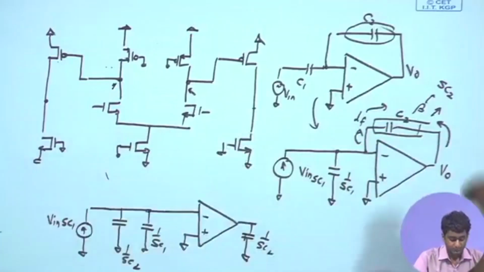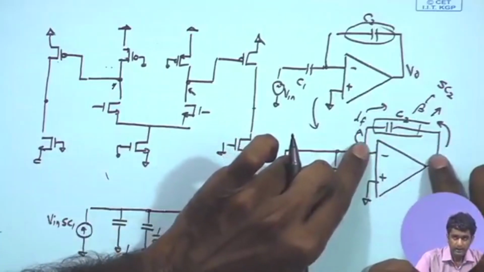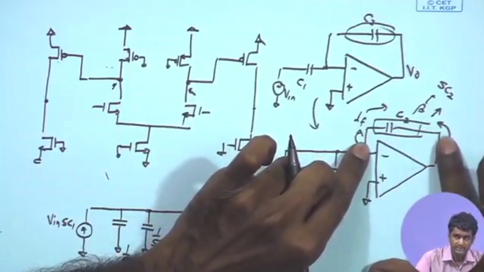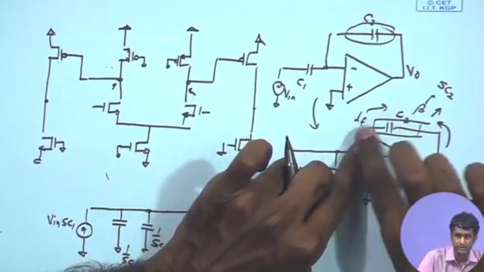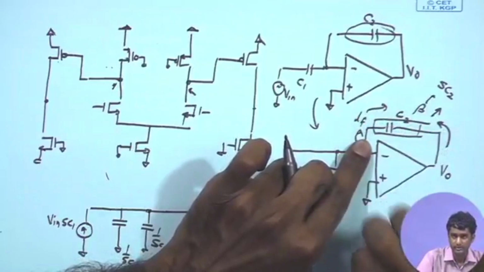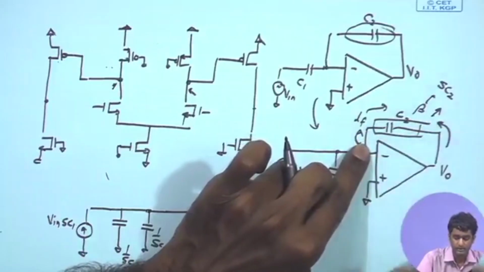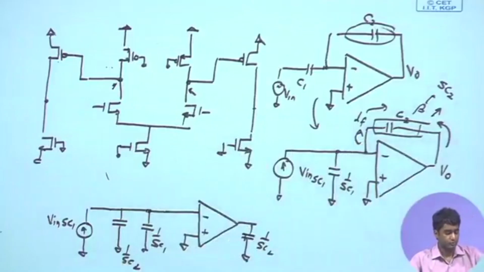While applying an output voltage at this input terminal of the feedback network, the other terminal will be grounded, and we see the resulting current going into this feedback network. We ground it and look at the current, and we get the factor SC2.